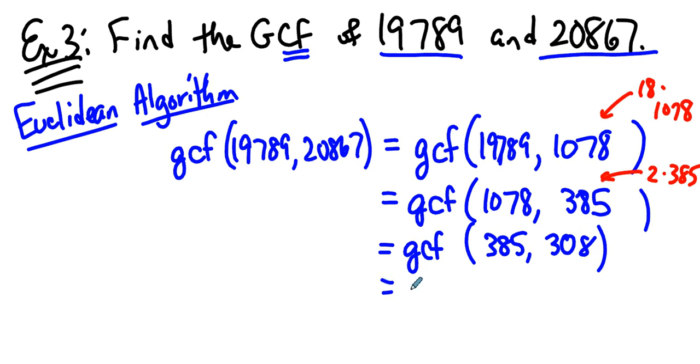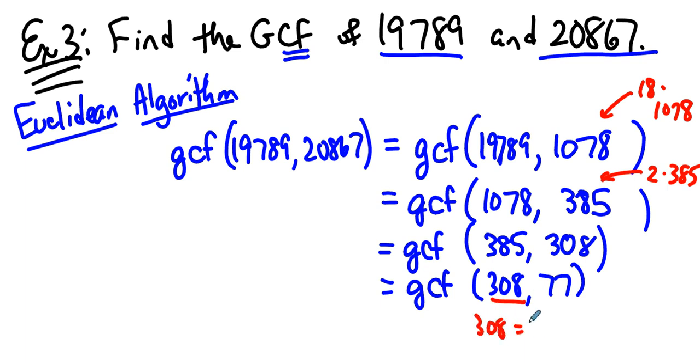And then we can just keep doing this. We can subtract 308 from 385. And then we notice that 308 is 4 times 77. And so the greatest common factor of 4 times 77 and 1 times 77 is 77.